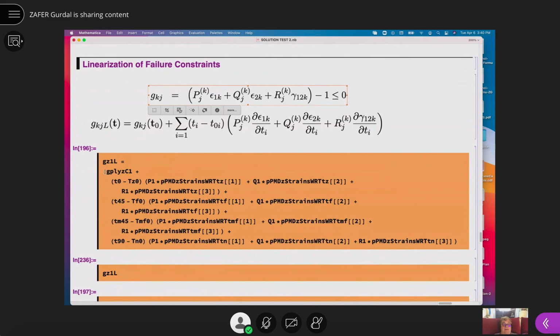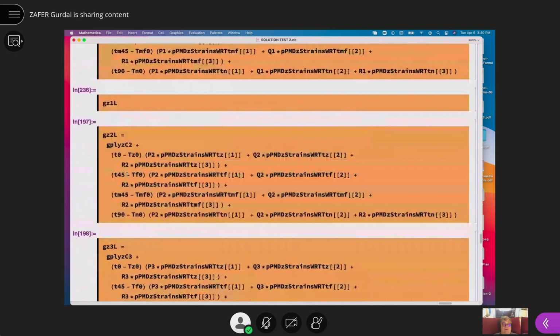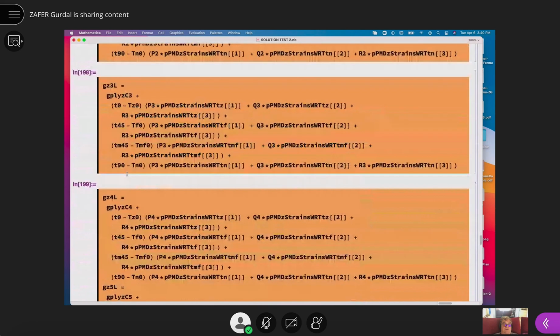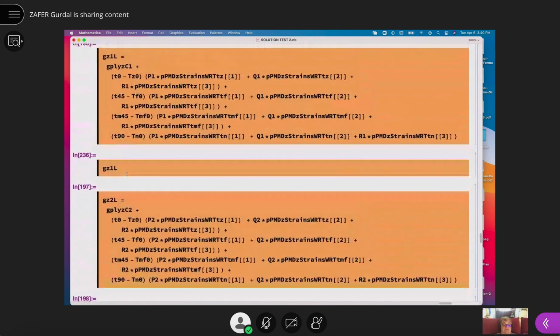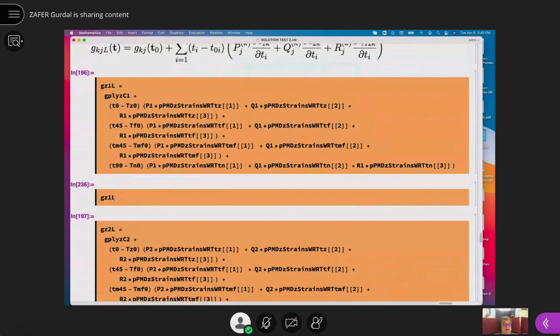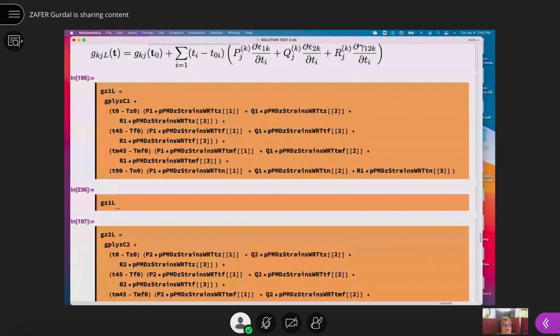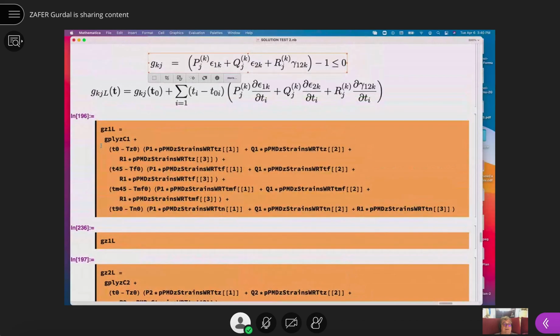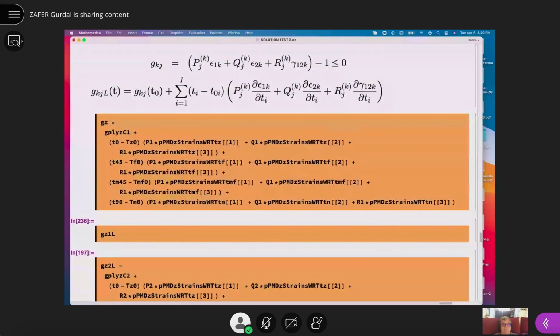So the constraint on the 0 degree layer, GZ1L, there is no more 1, 2, 3, 4, 5, 6. There's only 1. So GZ. I'm going to also put TH.